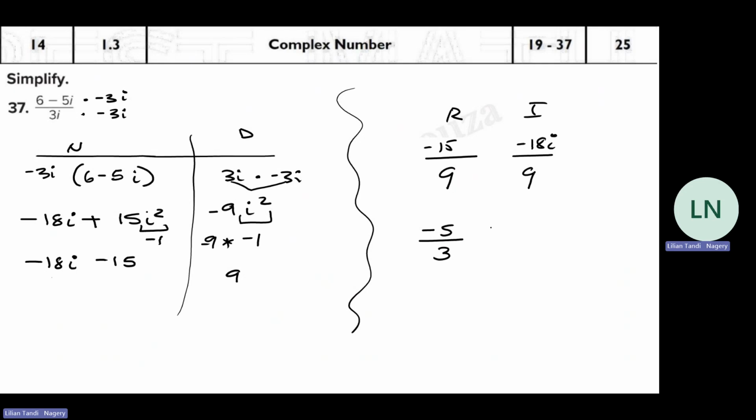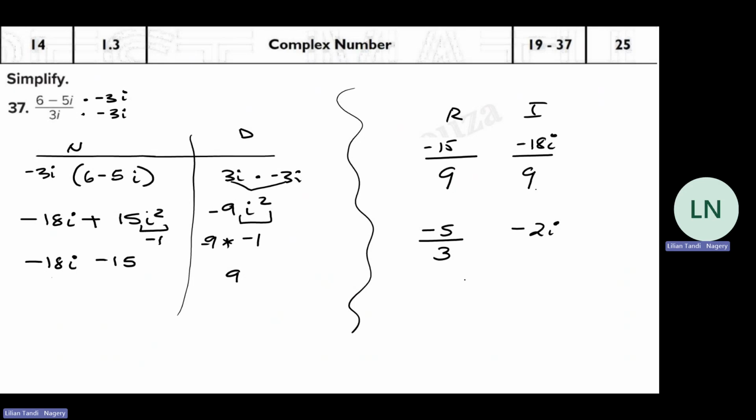Here, 3 goes into the numerator 6 times, and 3 goes into the denominator 3 times. Oh, we can still simplify. Greatest common factor is 9. 9 goes here 2 times. So here you should just have negative 2i.